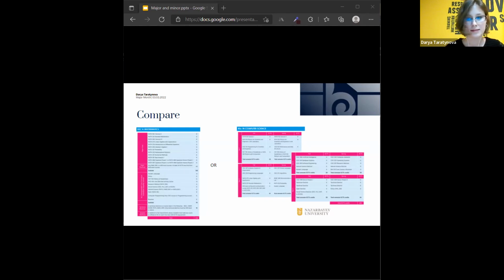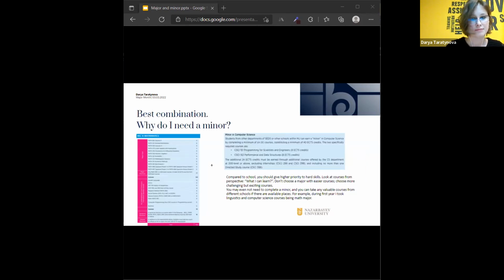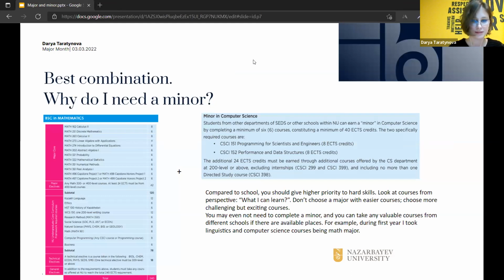And also I decided to do a minor in computer science to get some programming skills required for my future job, for example. So the best combination that worked for me is majoring in mathematics and minoring in computer science.